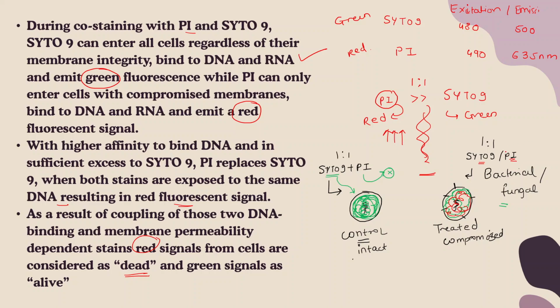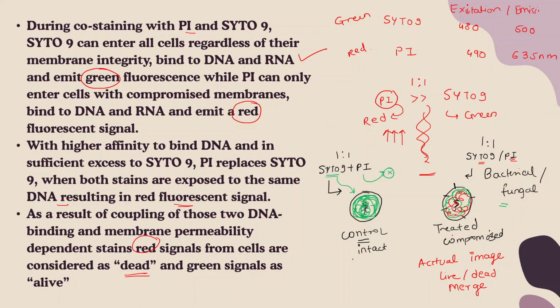But for the actual image, meaning the actual status of the cells, whether it is live or dead, we generally merge both the wavelengths of cyto9 and PI in order to observe the status.